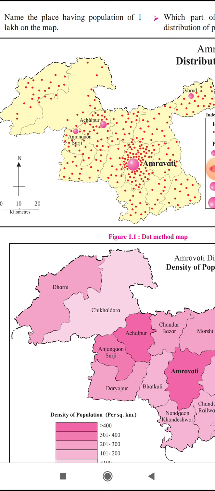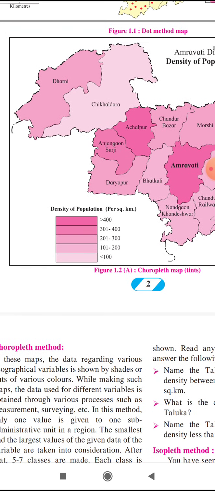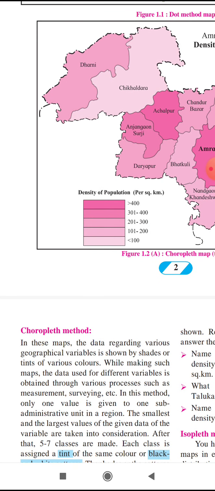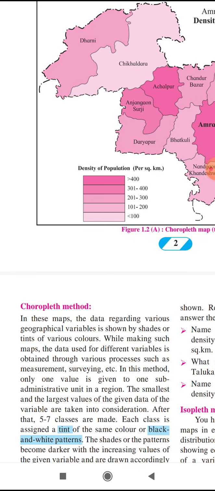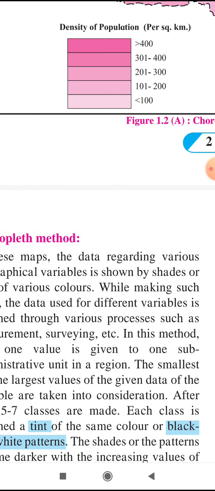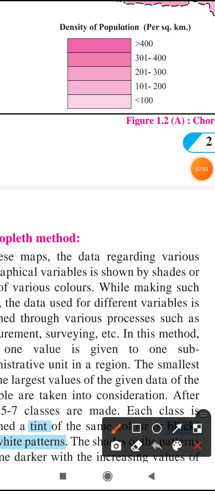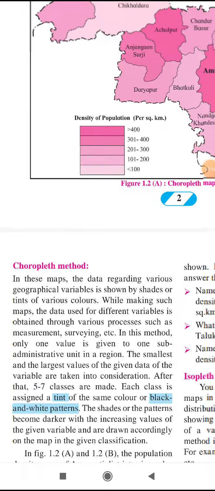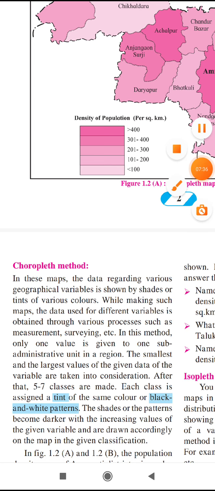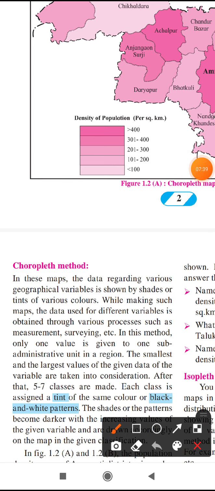Now we are going to see the next method, that is the Choropleth method. In the Choropleth method, shades or tints of various colors are used.